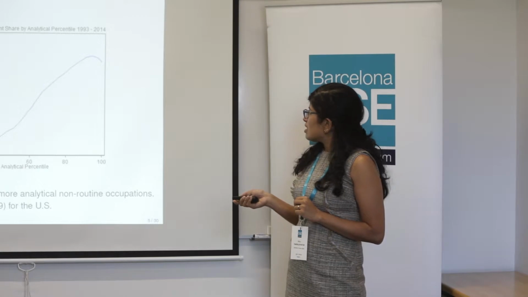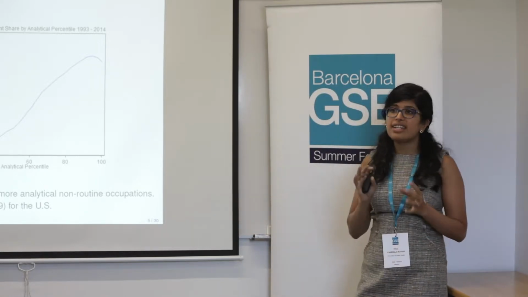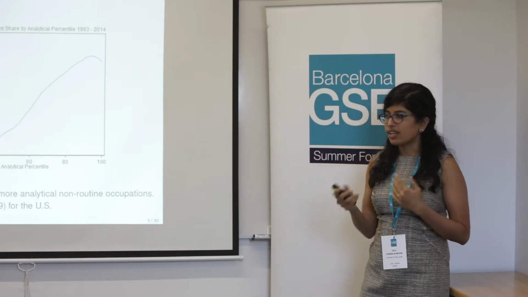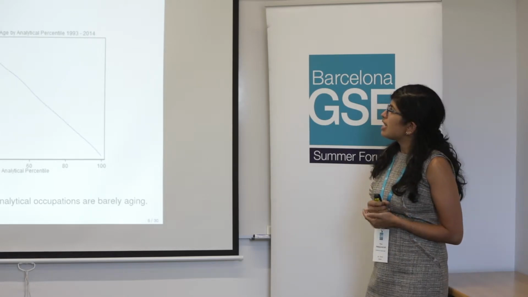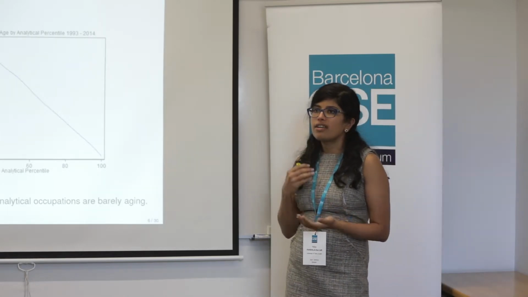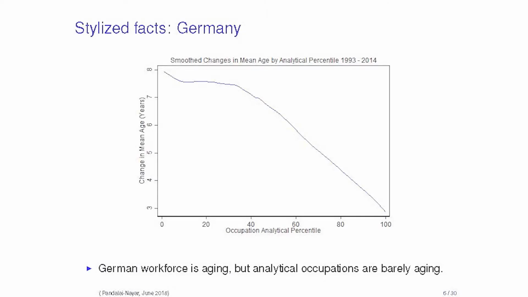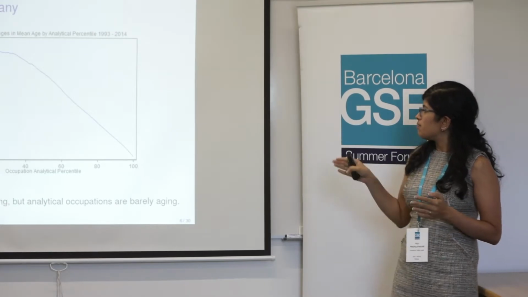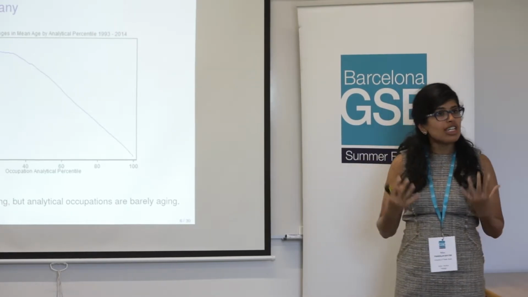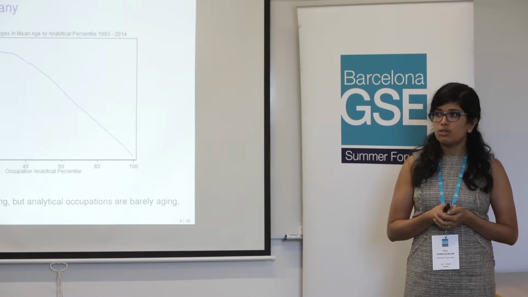These are analytical non-routine occupations, that's what we're ranking them on. During this same period, we also look at what is happening to the ages of workers working in these occupations. We find the reverse: the smooth changes in mean age by occupational analytical percentile indicate that the more routine occupations are aging substantially faster over this period.